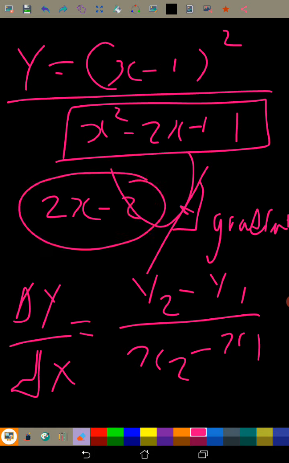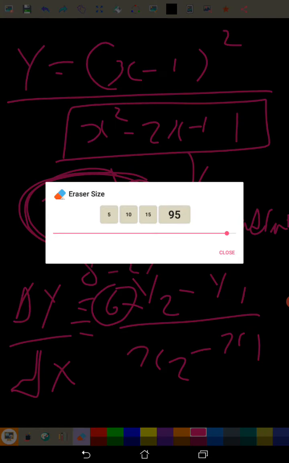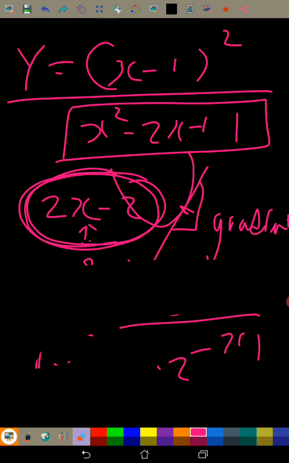This is differentiation. We didn't do it yet, but this is differentiation. So if I just want to put, for example, the value of 4 here, I will get 8 minus 2, I will get 6. So normally, the gradient is 6 here. It's not 4. The gradient is 6 here because, once again, what we got was an estimation.